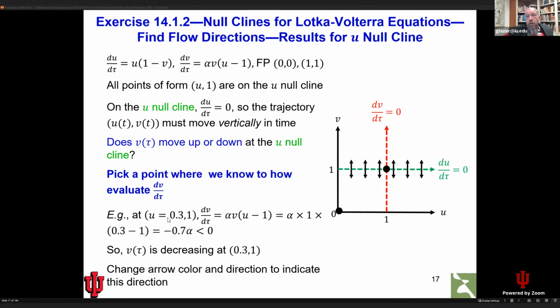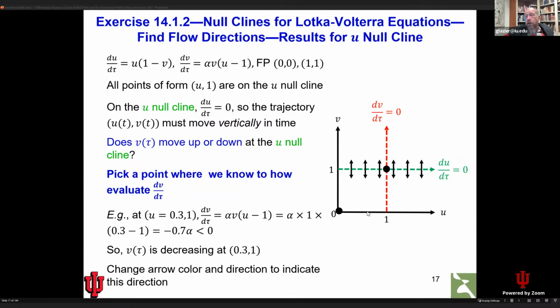I picked a value of U equals 0.3, V equals 1, and just plug that in. dv dt, in that case, is 1 times 0.3 minus 1, which is minus 0.7, times alpha, which is less than 1.